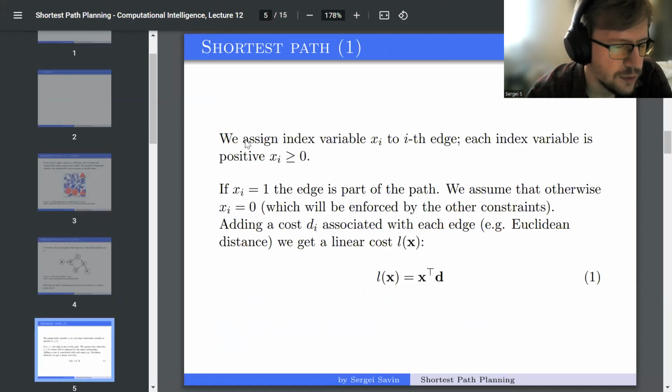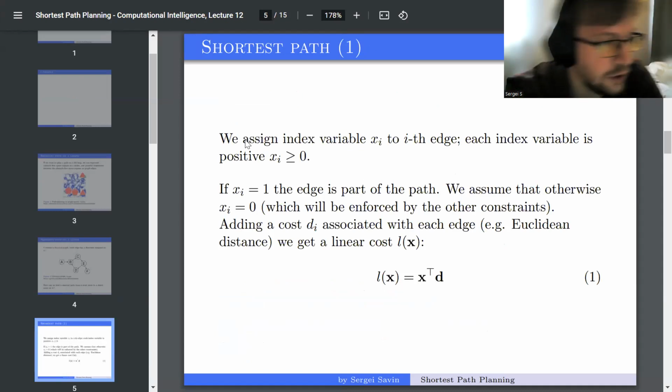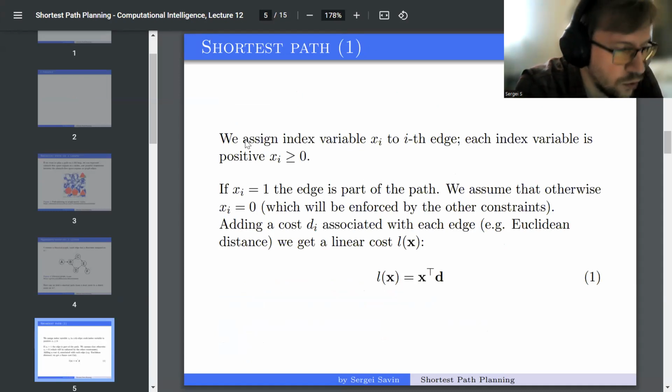All right. Now I will just give you the algorithm. I'm not going to prove it. I will just give it to you. The algorithm is going to be based on LP. So we assign index variables x sub i to each edge.